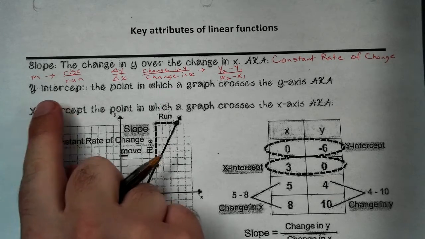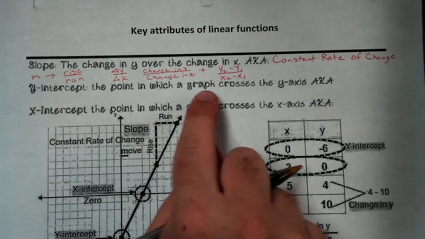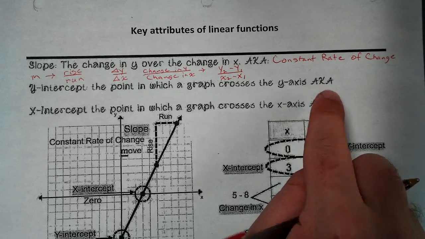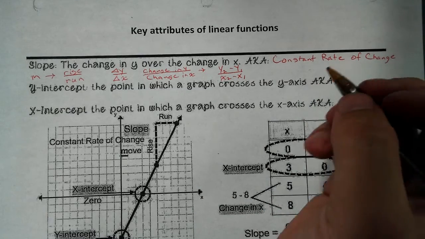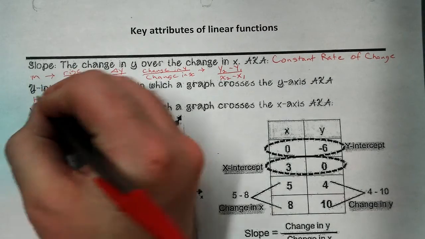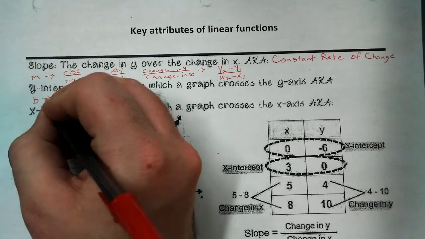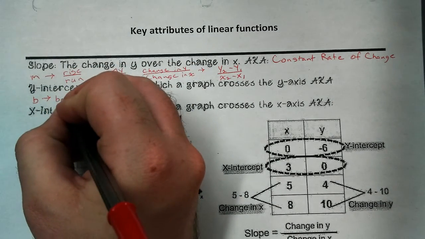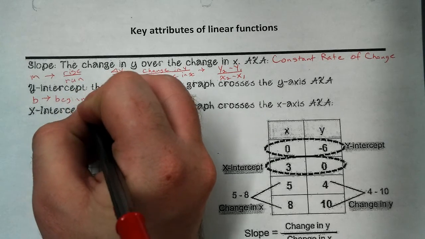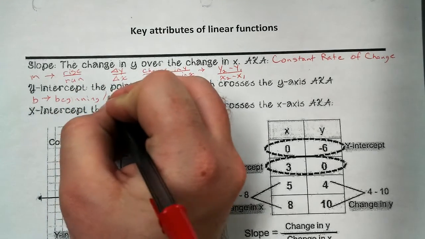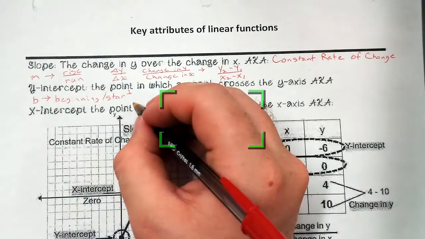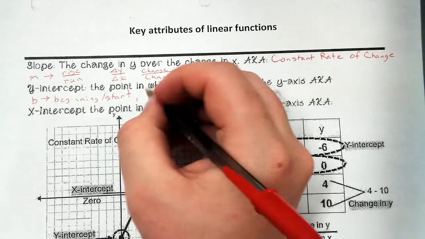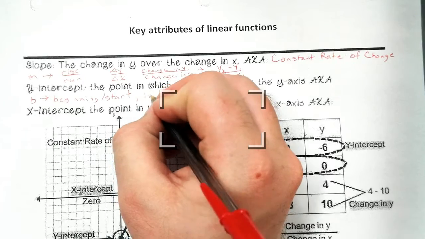Now, our y-intercept is the point in which a graph crosses the y-axis, also known as the b in an equation, or the beginning, starting point. Or, in real world problems, it'll be known as the initial value.